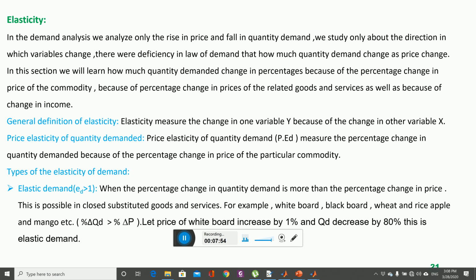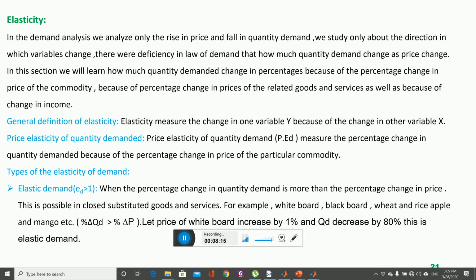It means elastic demand is when there is a large change in quantity demanded because of a small change in price of the particular commodity. As I told you, whiteboard, blackboard, wheat, rice, mango, apple, agriculture products, they have a close substitute.